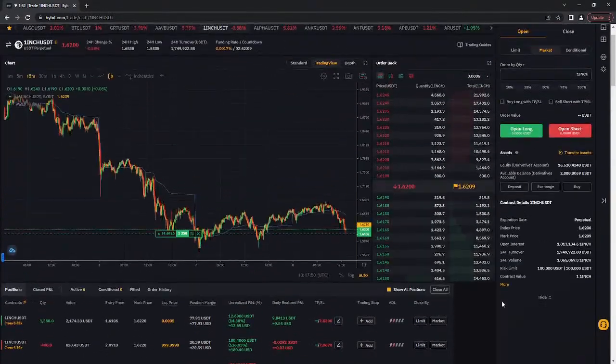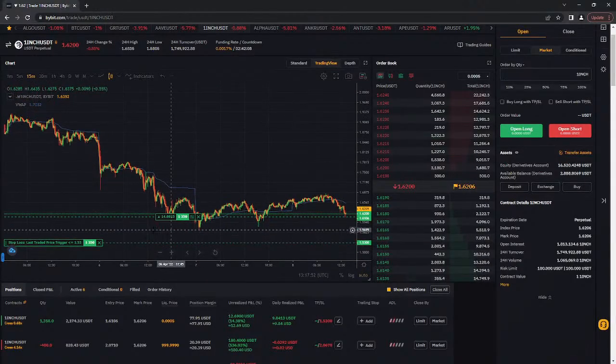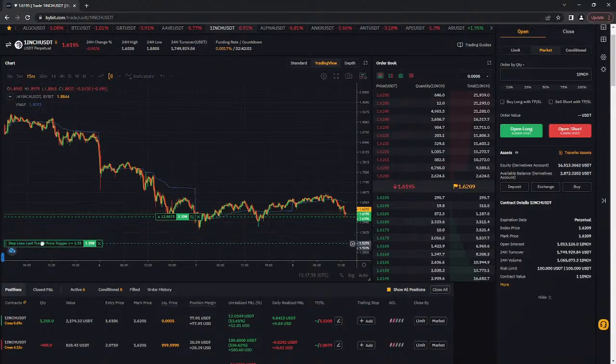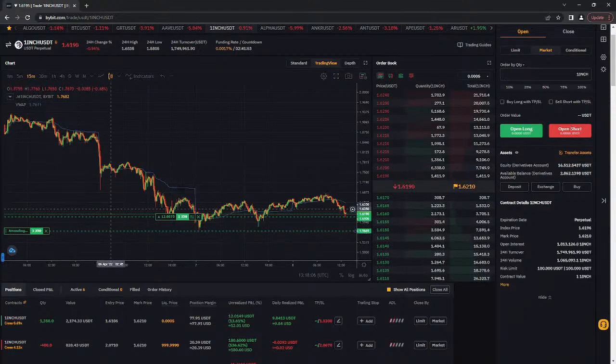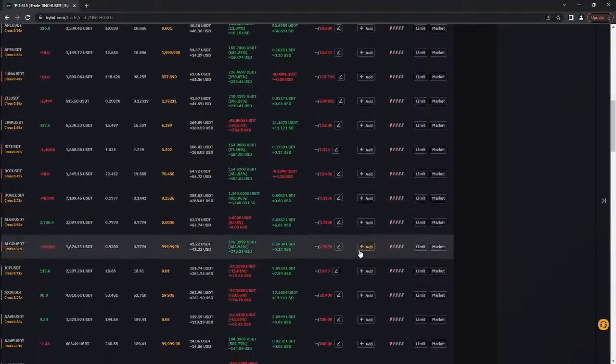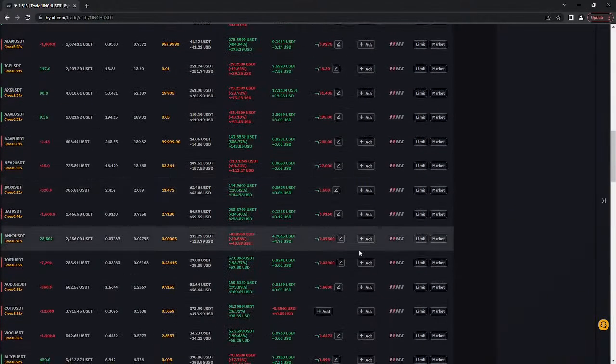No. I might move it up a little bit. Is that wise? If we do this, there's a chance that we get stopped out and then we miss the move. But there's always that chance.